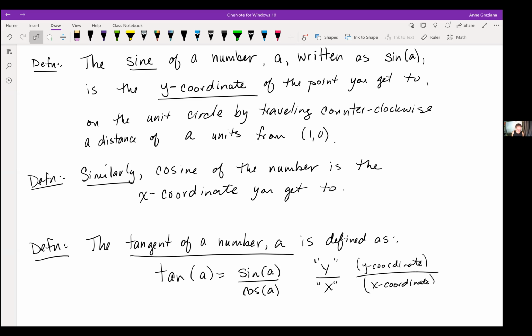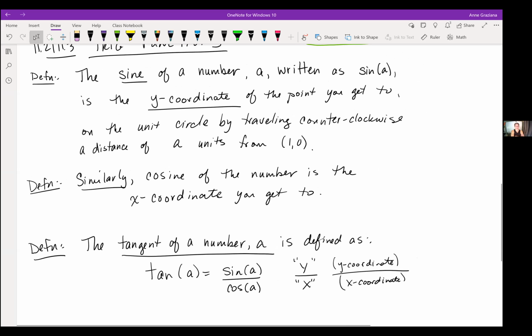All right, so here it is: sine, cosine, tangent. Let's do some problems with this.